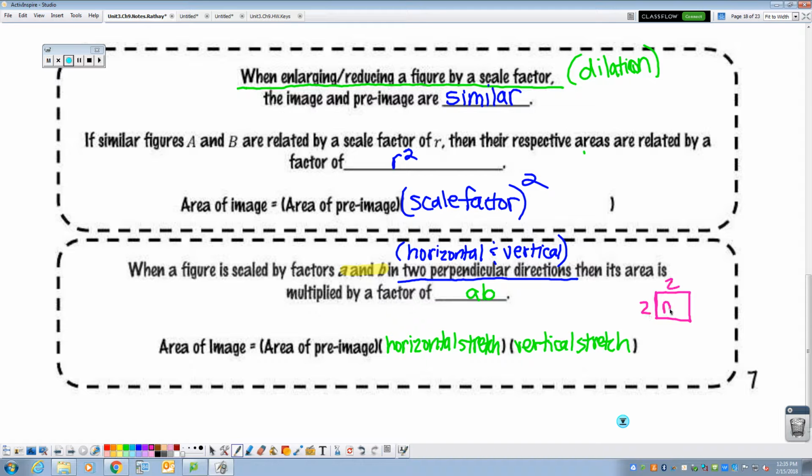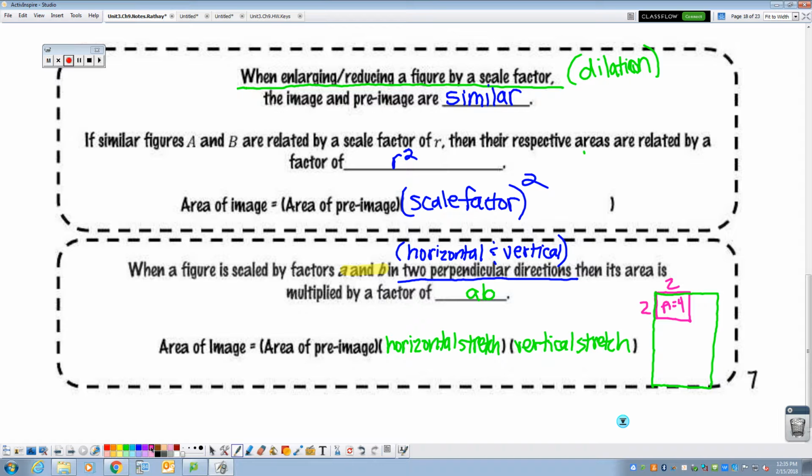It has an area of 4. And let's say I stretch it and I make it 3 times as long, 1, 2, 3 times as long, but only twice as wide. So here's my new rectangle.